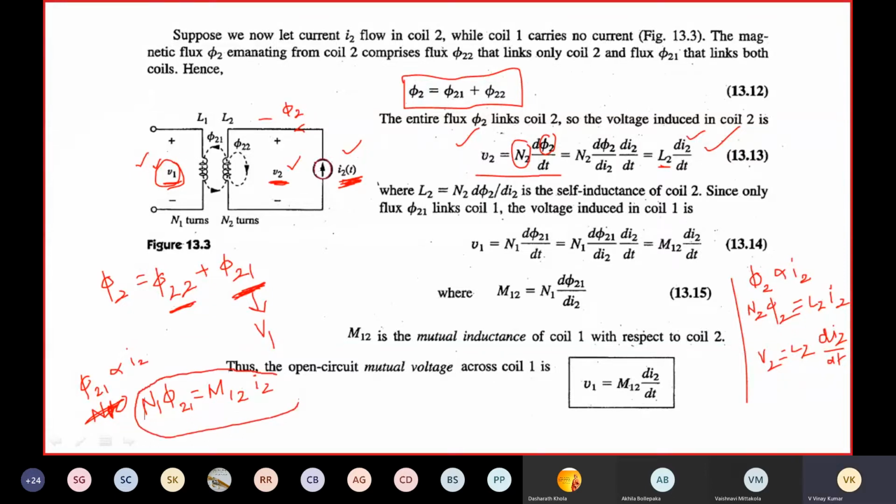If you substitute this in this equation, then you are going to get V1. V1 is equal to M12 dI2 by dt. This is mutual induced EMF. What is M12 here? M12 is the mutual inductance of coil 1 with respect to coil 2.